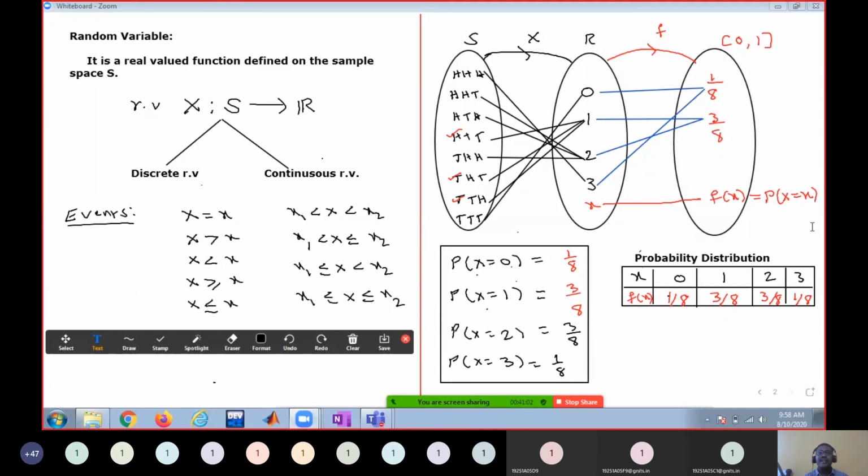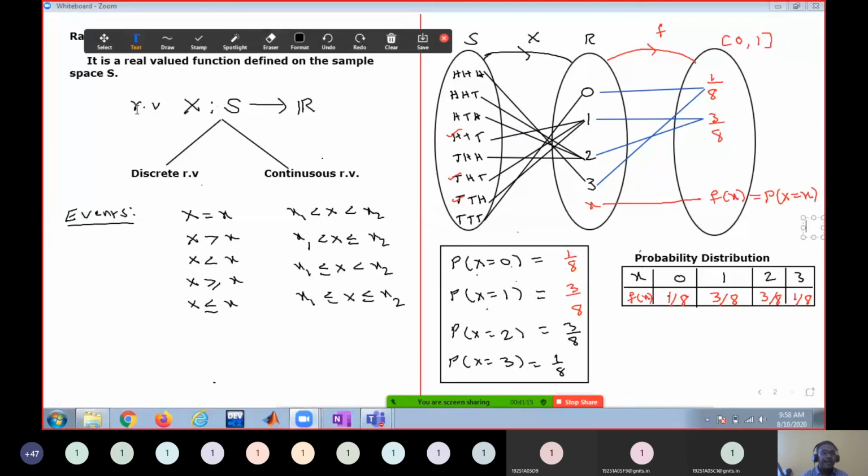What is the advantage of having a probability distribution? From the probability distribution, you can find out any probability. My example in this case is X equal to the number of heads when 3 coins are tossed.